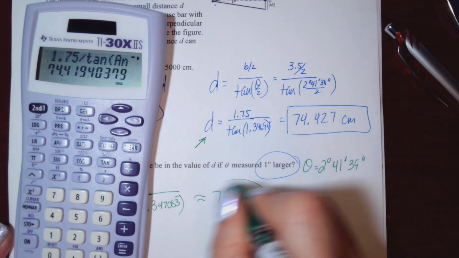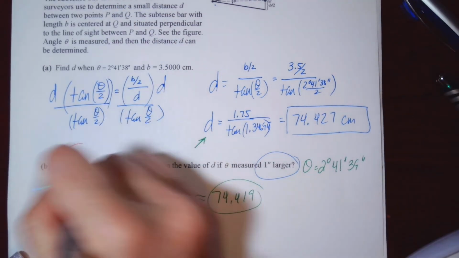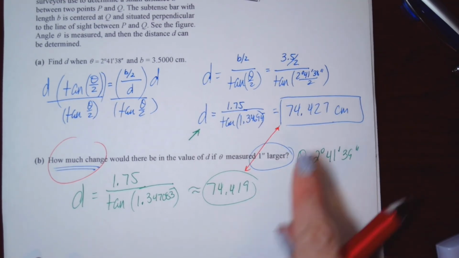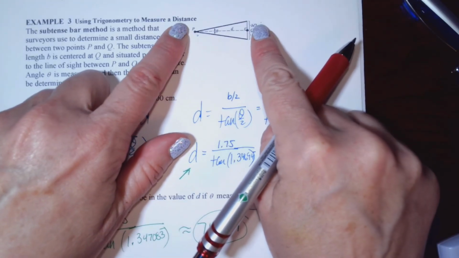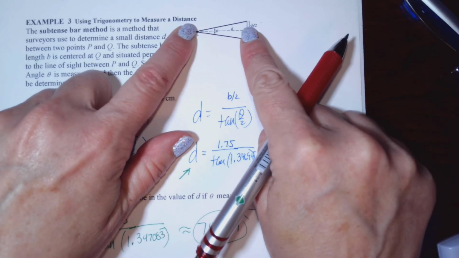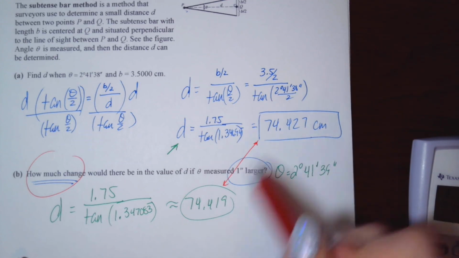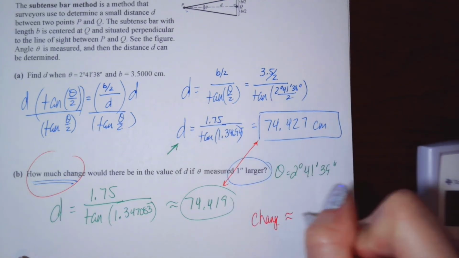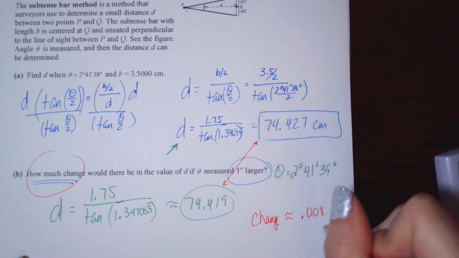And then I need to find, that's not my answer, I need to find how much the distance changed. What happened to the distance? Well, notice that this distance is shorter. That means when my angle increased, it increased because these 2 points got closer together. So when I find the difference between these two, I see that the change was about 0.08 of a centimeter.